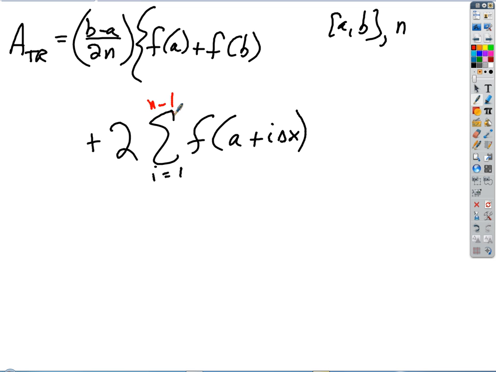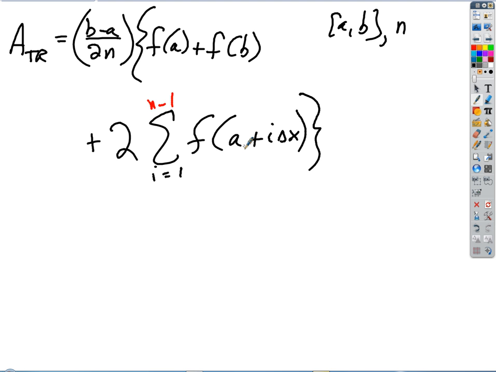That's the one. So we can close this thing up now. We've got this constant multiplier that we've pulled out in front of the whole thing. We've got the function evaluated at the left endpoint, the left edge of the interval, plus the function evaluated at the right edge of the interval, plus 2 times the function evaluated for every step in between, right?